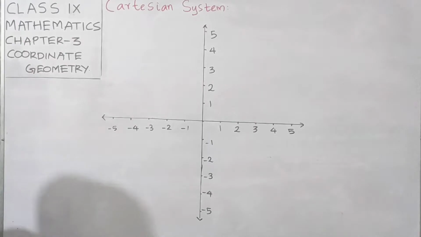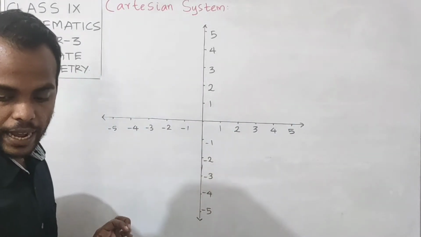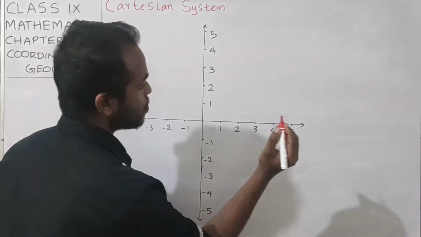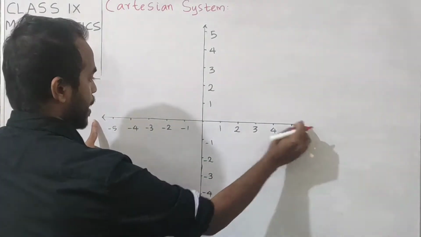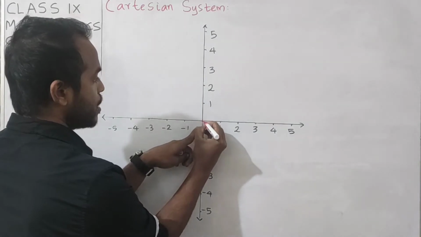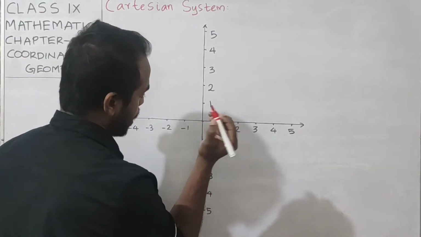Now what has he done? He has taken two number lines, and let's name them. This one you can see is already a number line, and this is the starting point. We call it the origin, just as we did in the number line itself.